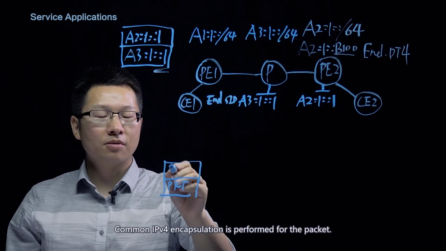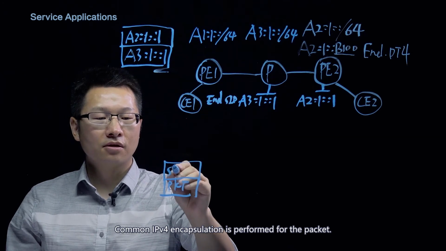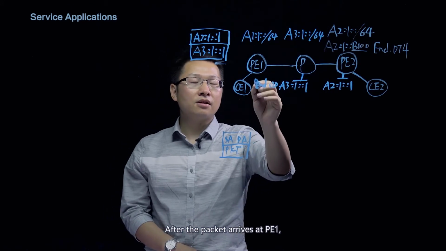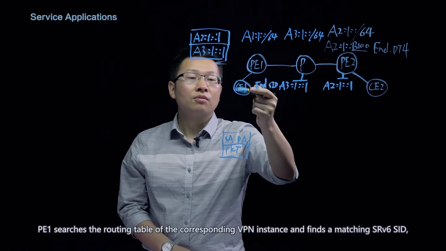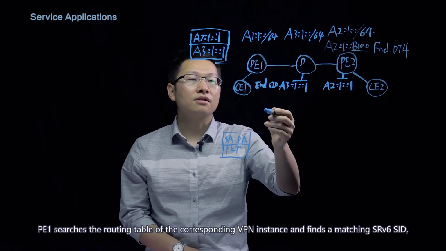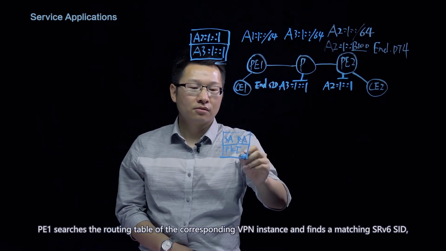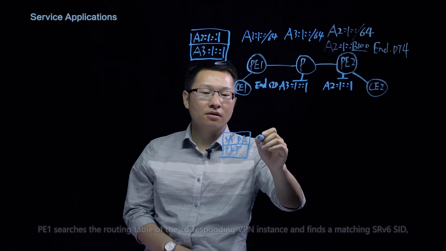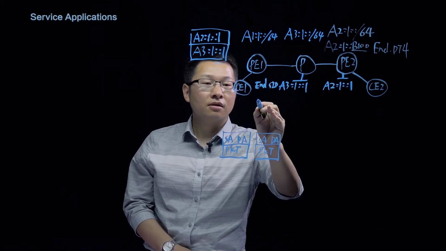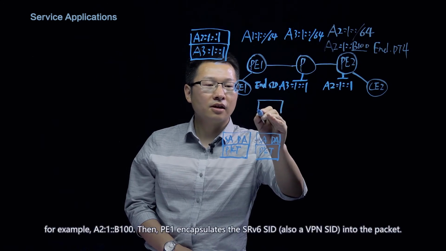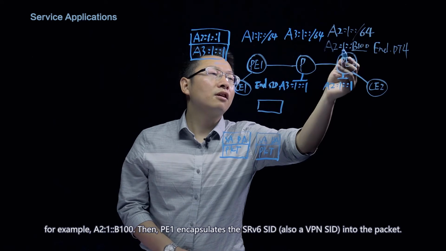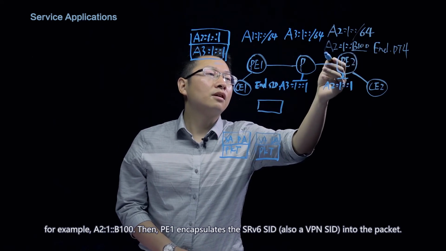Common IPv4 encapsulation is performed for the packet. After the packet arrives at PE1, PE1 searches the routing table of the corresponding VPN instance and finds a matching SRv6 SID, for example, A2:1::B100.